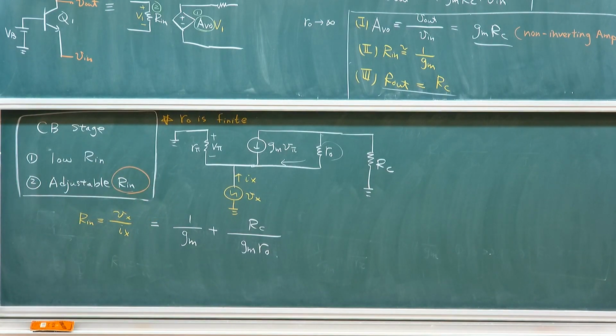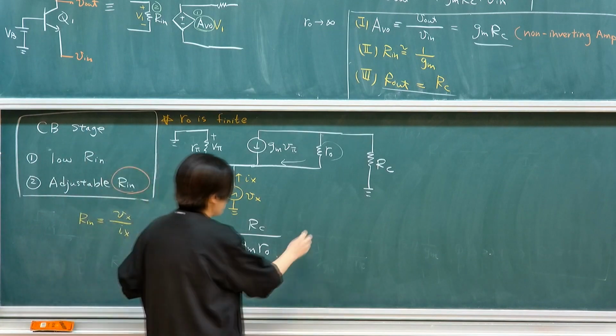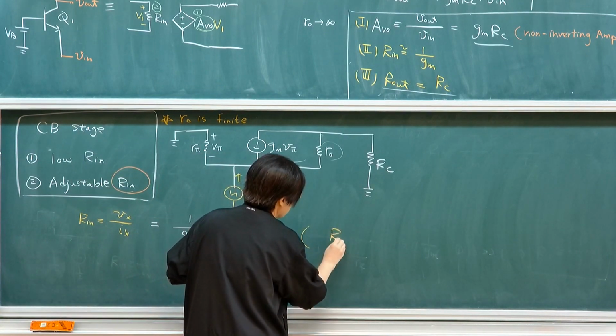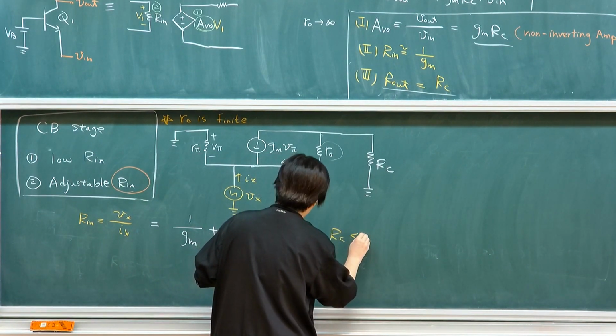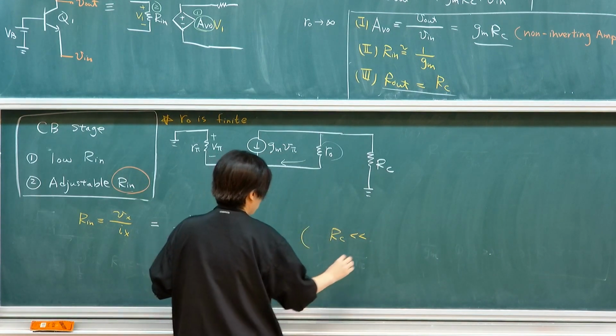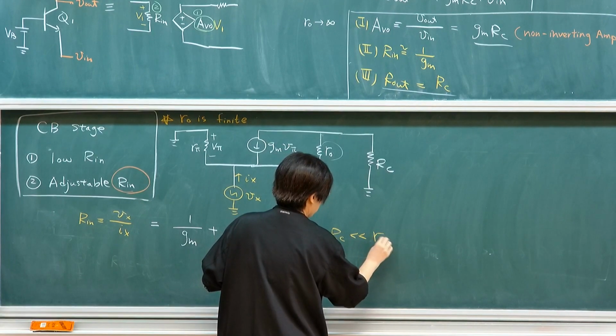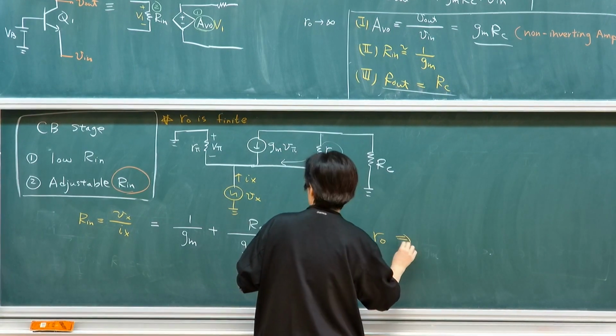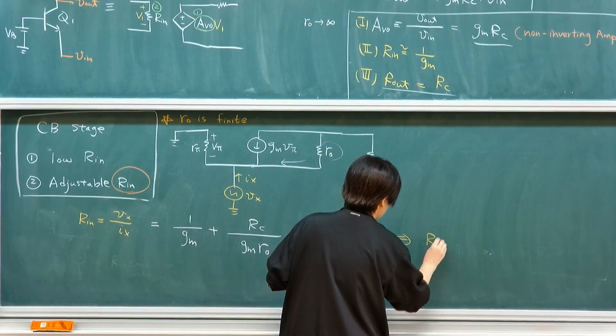So what does this imply? One of the key things is that in most cases, if my RC is much, much smaller than RO, you will still have Rin.